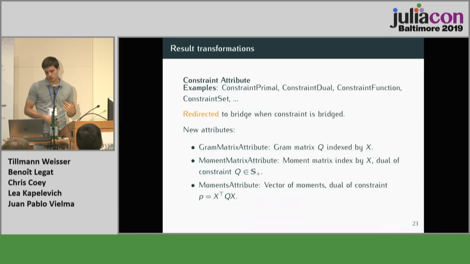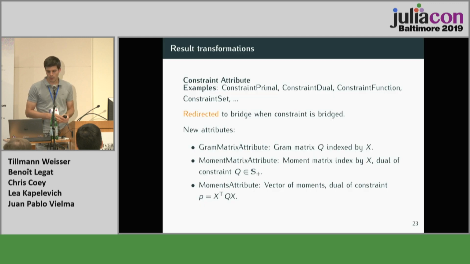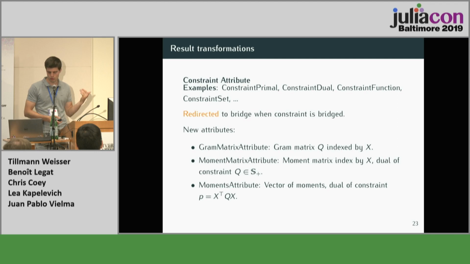You can create this new attribute, and when the user asks for it, because these are constraint attributes and the constraints are bridged, MOI will understand that it has to ask this question to the bridge. So in the bridge you will get the call that the user would like this attribute, and you will be able to return the value of the Q matrix and so on.